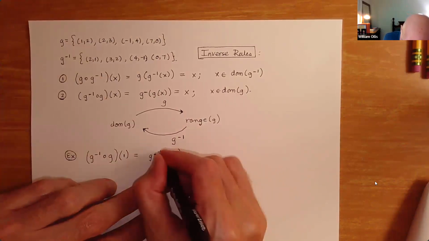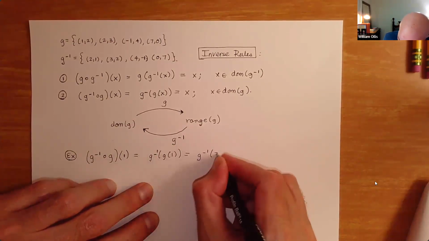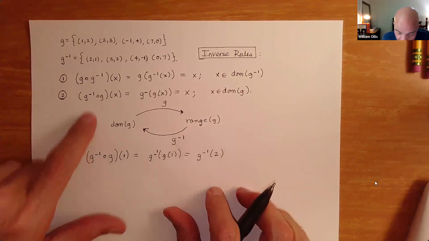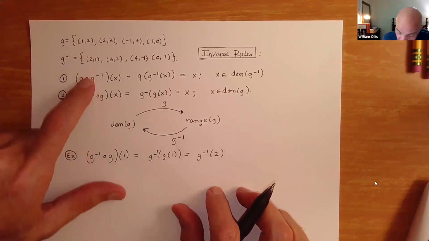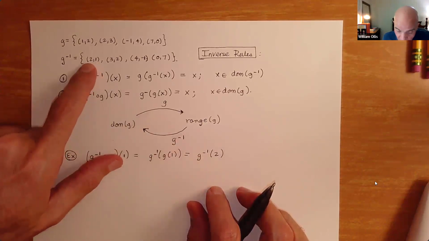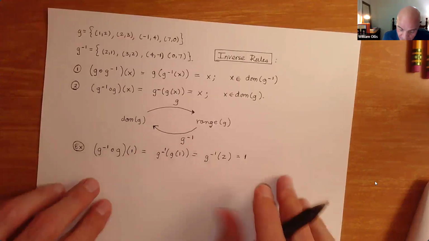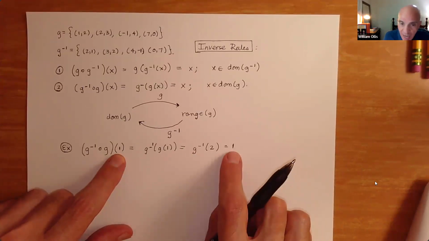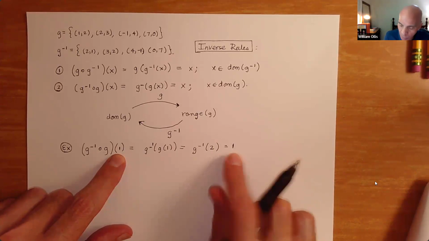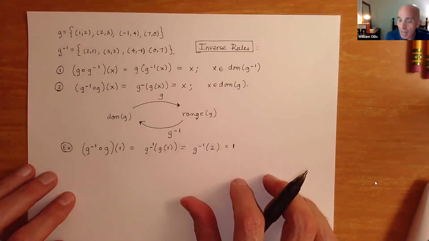So we have G minus 1 of 2. And then, of course, what does G inverse do to 2? Well, we find the 2, it maps it into 1. So what we see is input equals the output. This is not a surprise. Of course, we know this is going to happen, but mechanically, it should happen also.